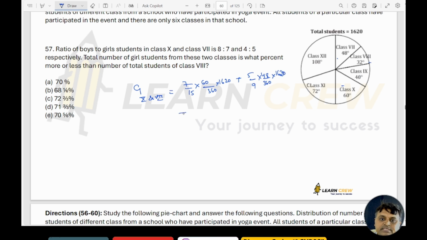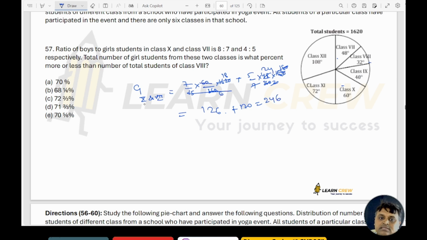If you simplify this, the first part gives 126 and the second gives 120. 126 plus 120 is 246.